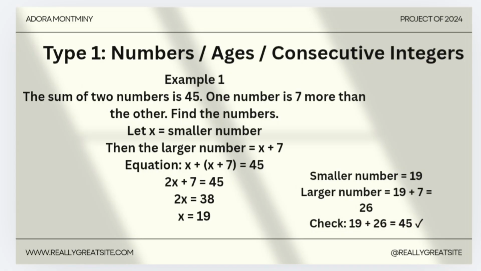Then divide both sides by 2: x = 19. The smaller number is 19. The larger number is 19 + 7 = 26. Then finally check the result by substituting the answer: 19 + 26 = 45.